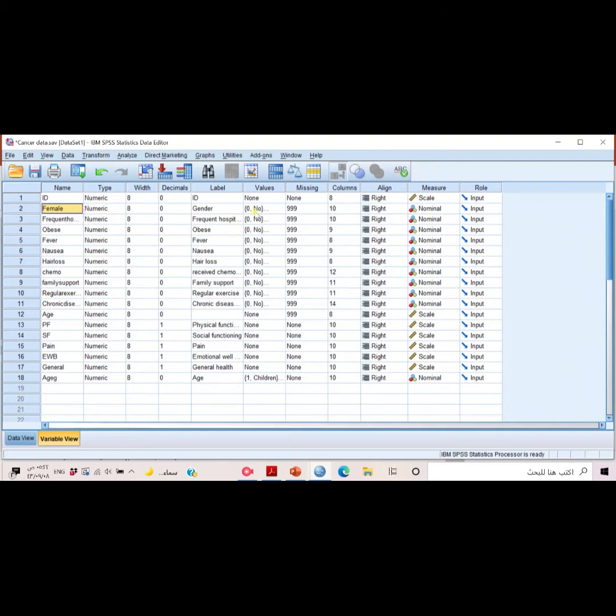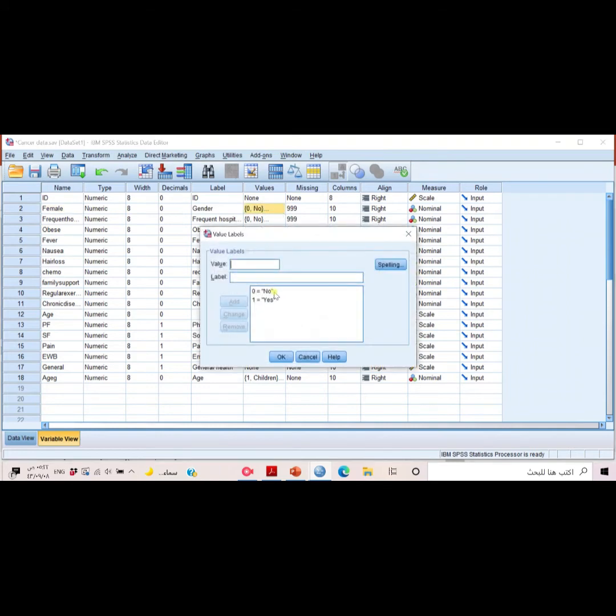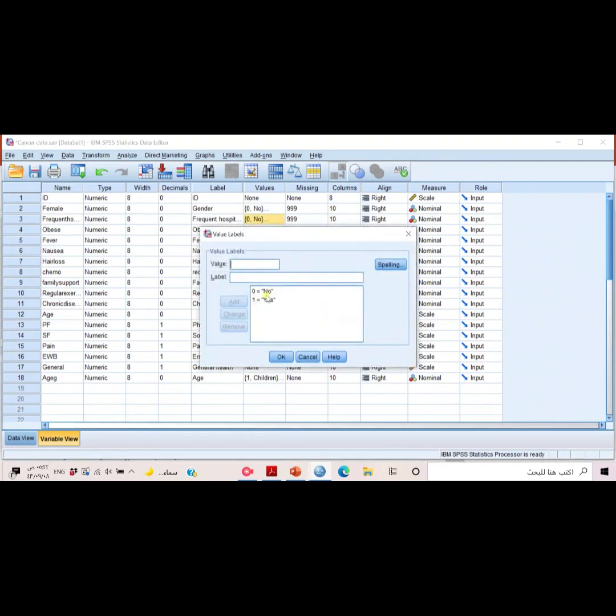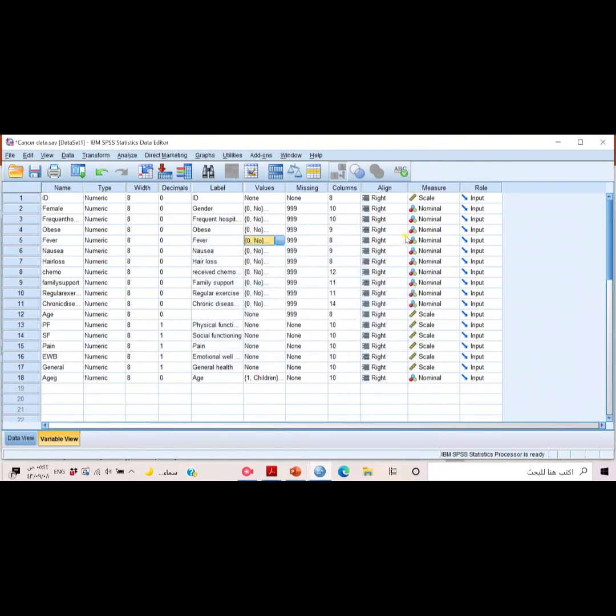If you notice here, I changed the variable gender to female, with yes if it's female and no if it's male. All of the categorical variables are coded as 1 and 0, so now they are dummy variables and I can make the prediction in the linear regression.